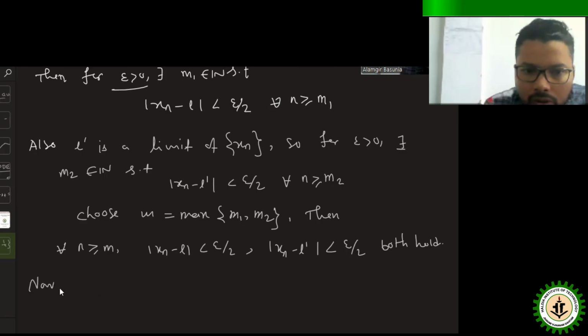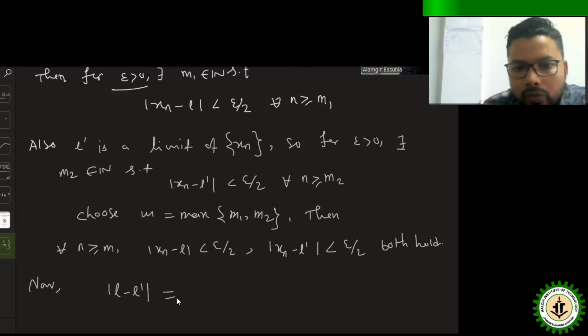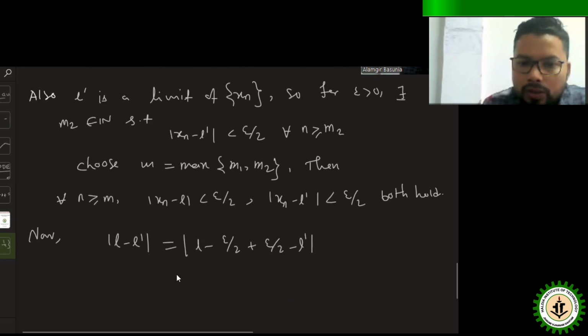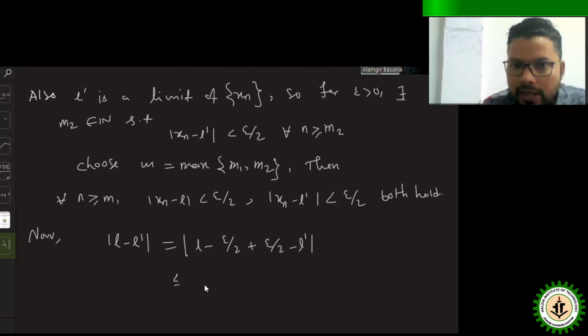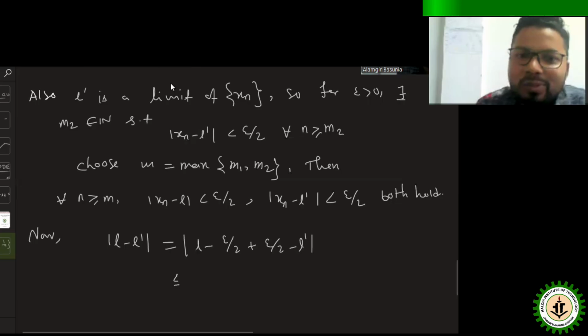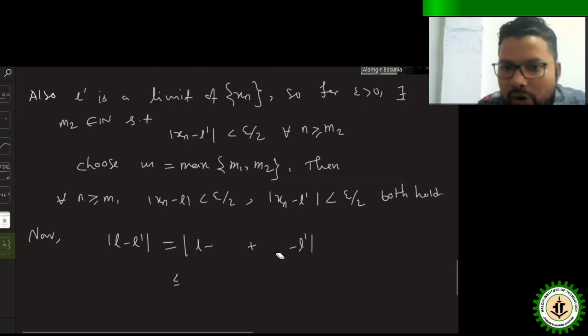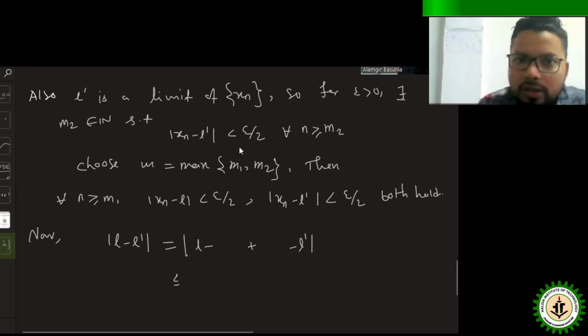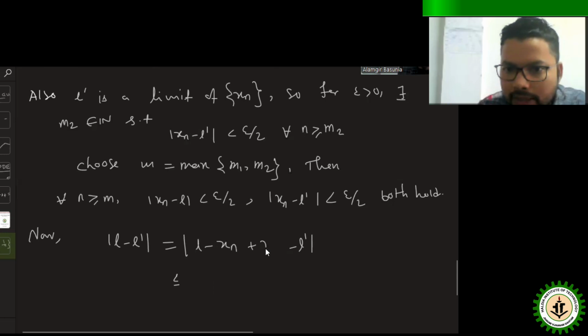So now if we calculate L minus L prime, we can add and subtract xn. Writing epsilon minus 2 or epsilon plus 2 will not work; we have to take xn plus xn.